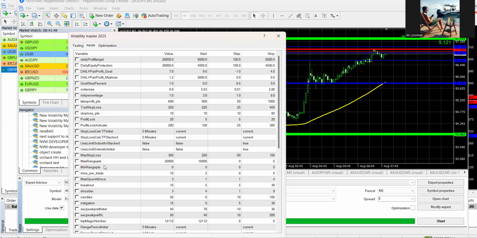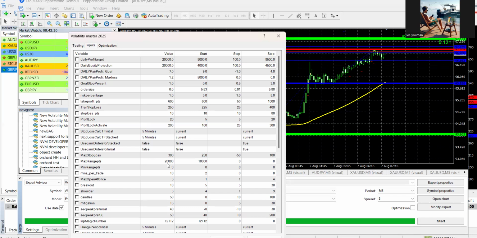Maximum range in points and minimum range in points. These are some settings that I've added, but I'm not currently using, but I do foresee a good use case for them in a future version of the software. It simply means that between the red and the blue line, if the range is greater than 20,000, it won't trade.